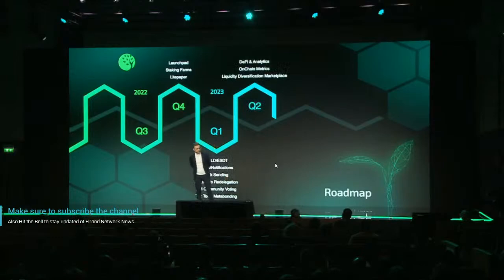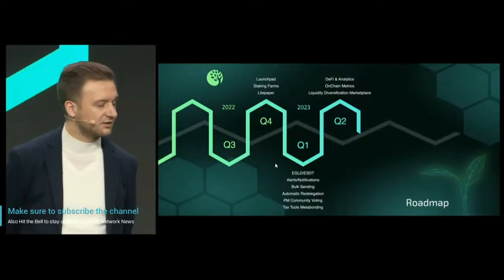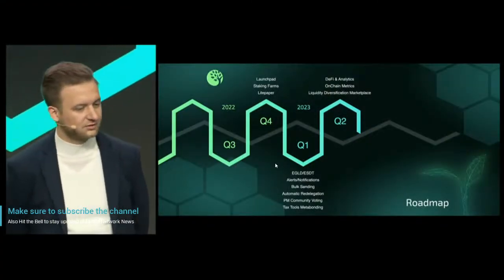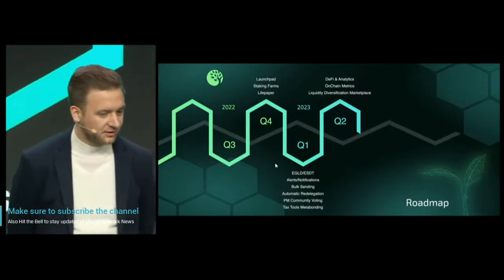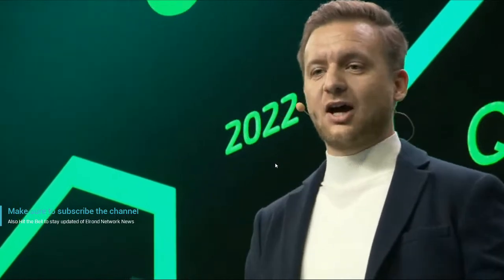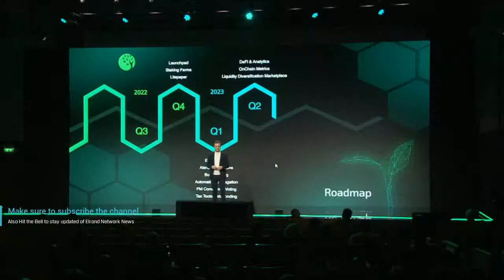For the second quarter of 2023, we are planning to go live with the modules for DeFi and analytics, for additional on-chain metrics, and one of the most important modules, our liquidity diversification marketplace, LDM.